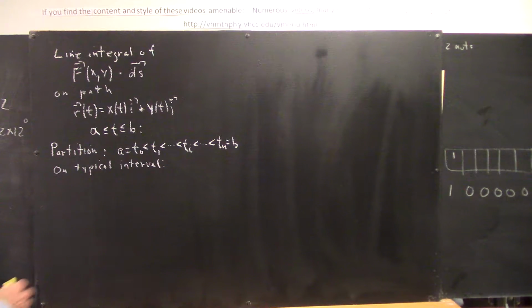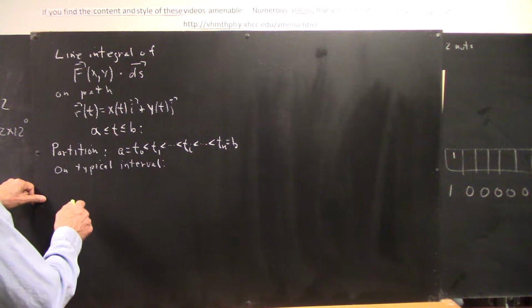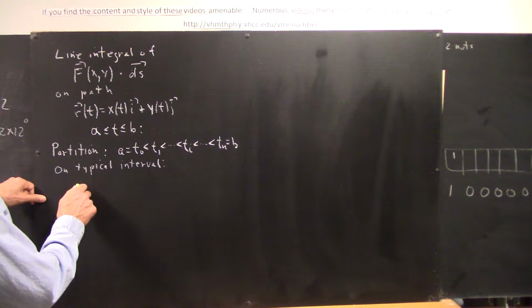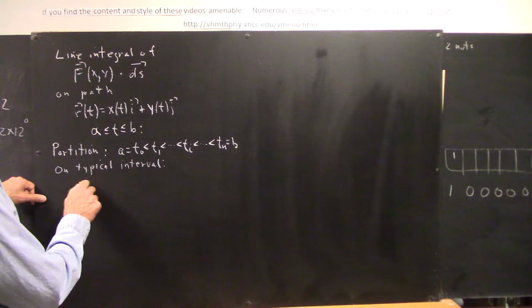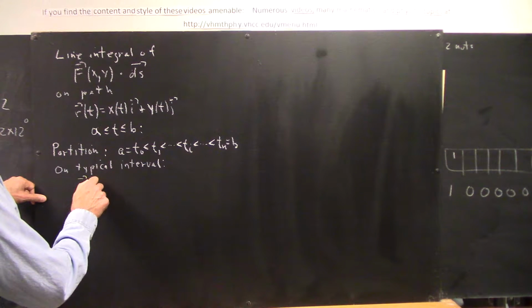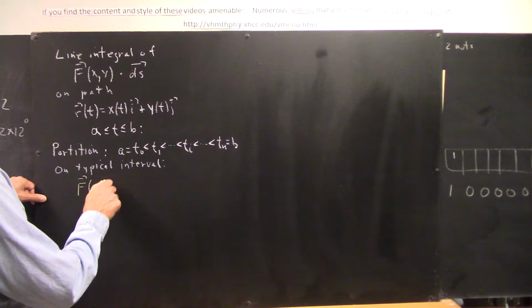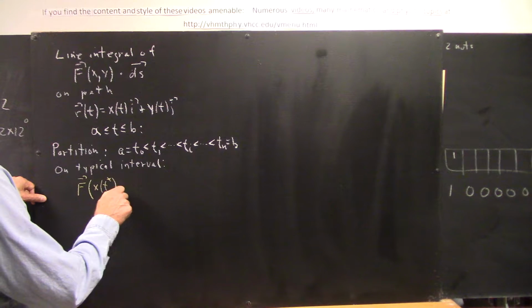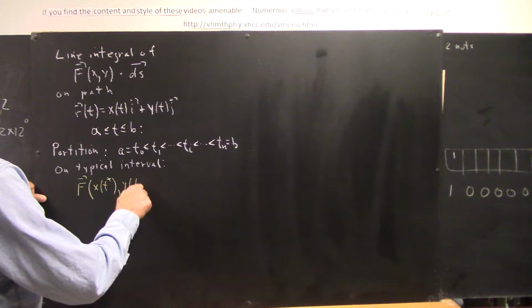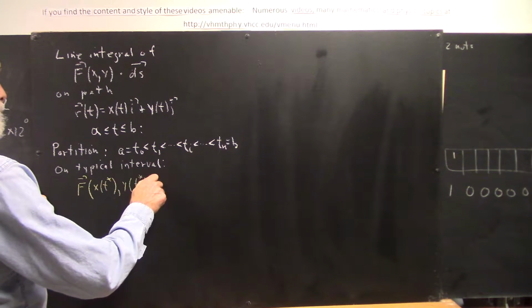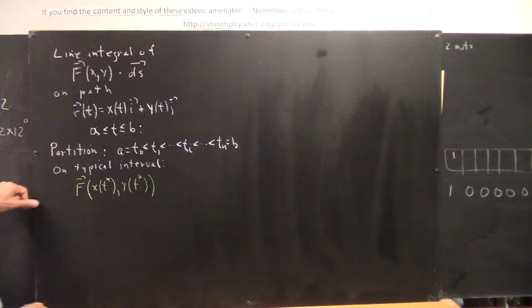Okay, so what do we do in a typical interval? Well, in a typical interval, you have F, you have a sample point t star, so you write down this.